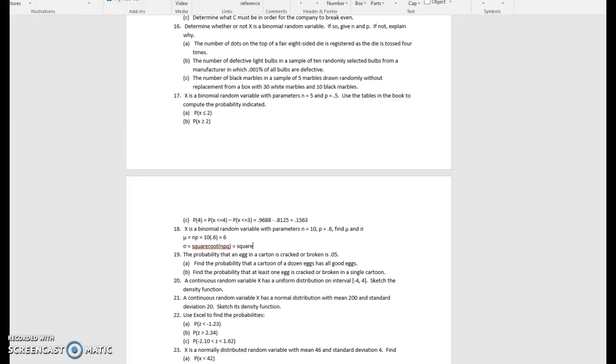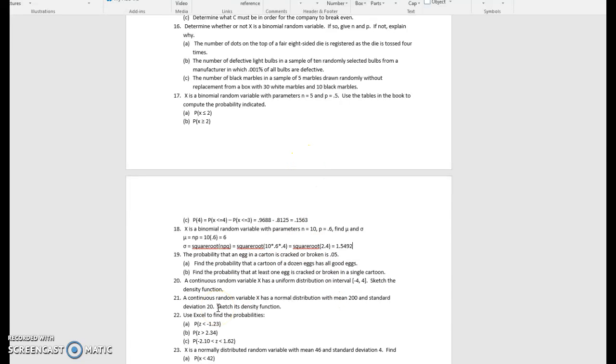So we're going to have the square root of 10 times 0.6 times 0.4. Or that's the square root of, first of all, 2.4, and that's going to end up giving us 1.5492 if we round to 4 decimal places.